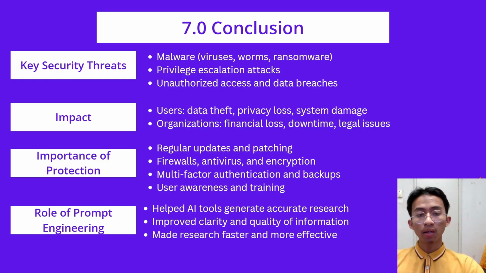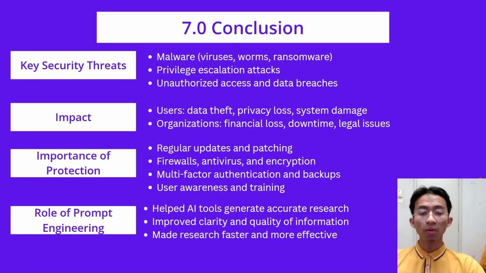They also explained privilege escalation attacks, unauthorized access, and data breaches. For impact, we know that for users there could be data theft, privacy loss, and system damage, while for organizations there will be financial loss, downtime, and legal issues.